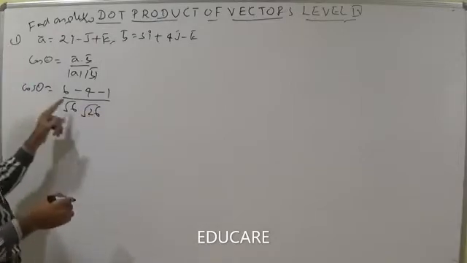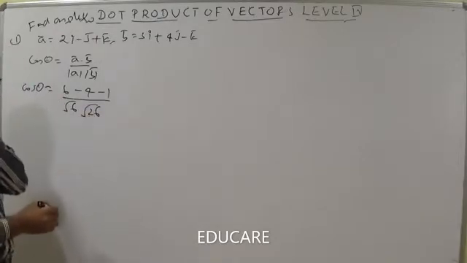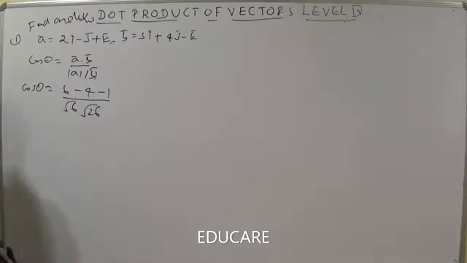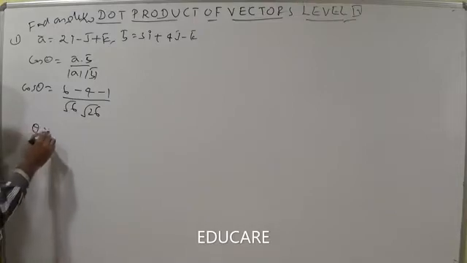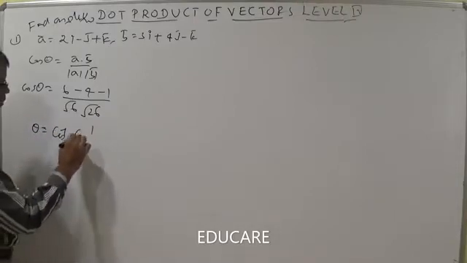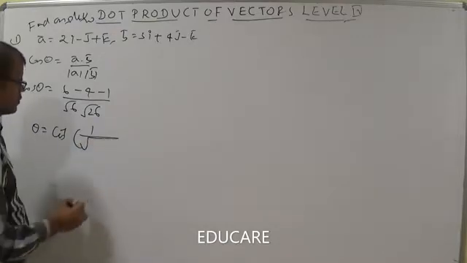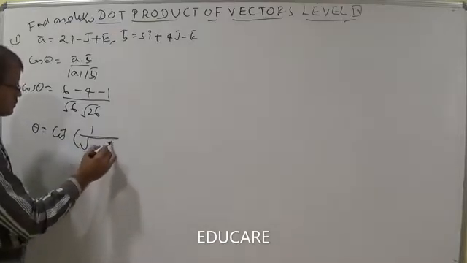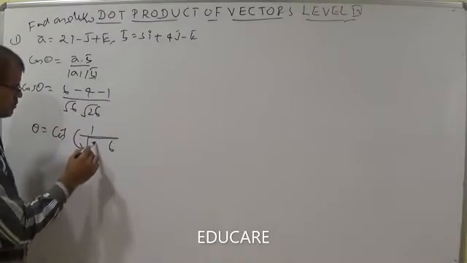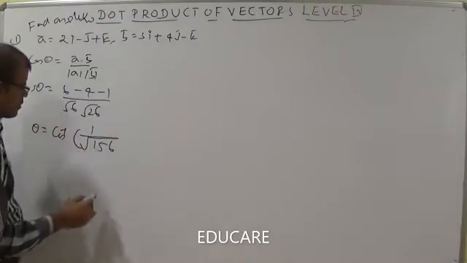So 6 minus 5 is 1. So cos theta is 1 by root 6 into root 26, and the answer is cos inverse of 1 by root 6 into root 26. 6 sixes are 36, 6 twos are 12, 3 sixes are 18, 15.